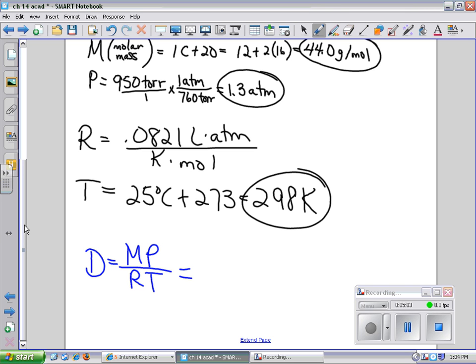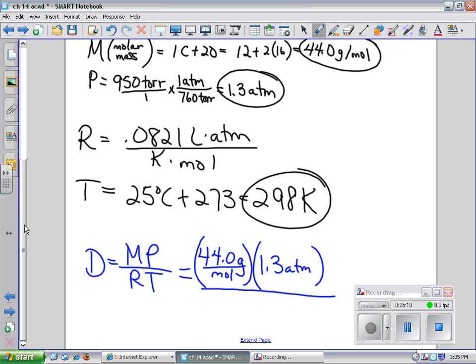I'm going to keep those units all in. Grams per mole is our molar mass. Pressure is 1.3 atm. R is 0.0821 liters times atmospheres over Kelvin times moles.